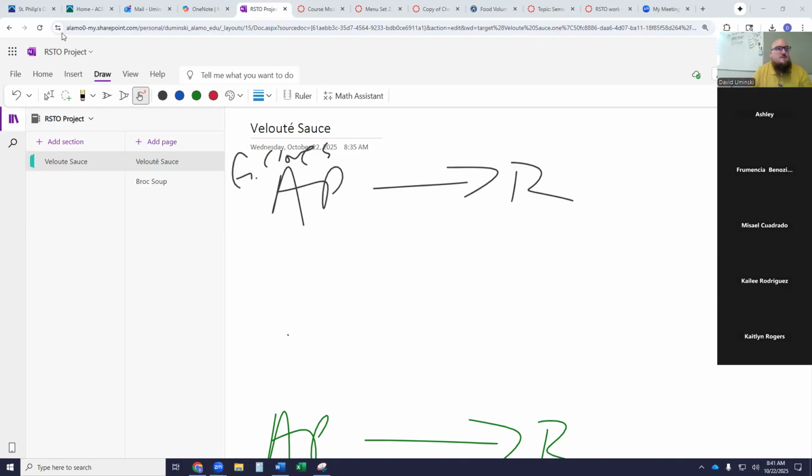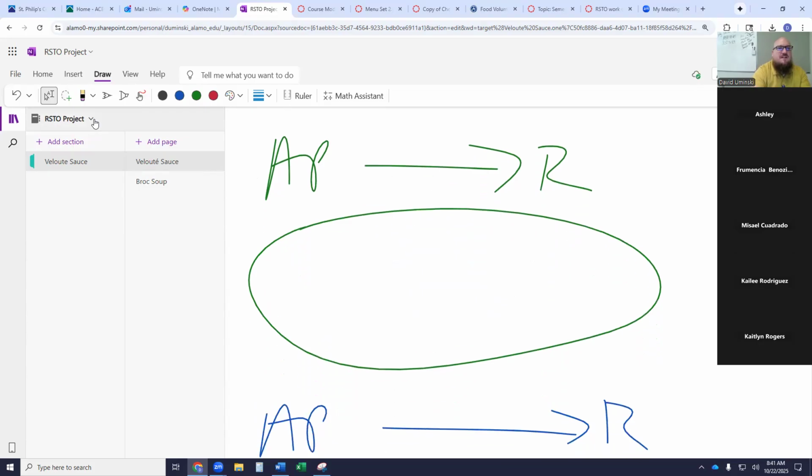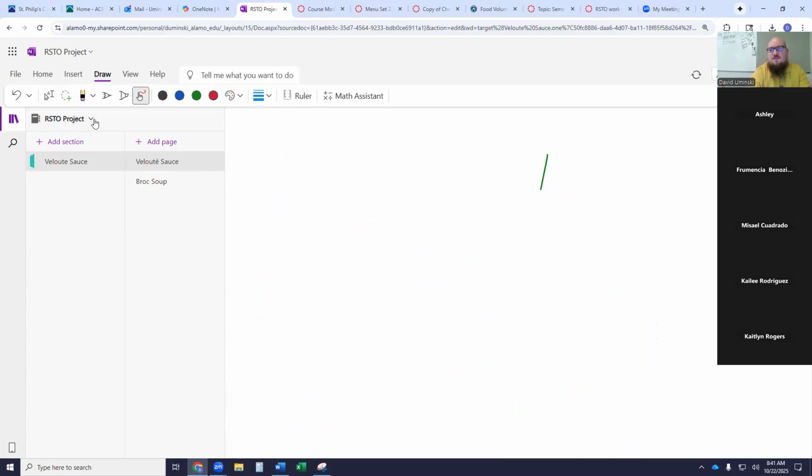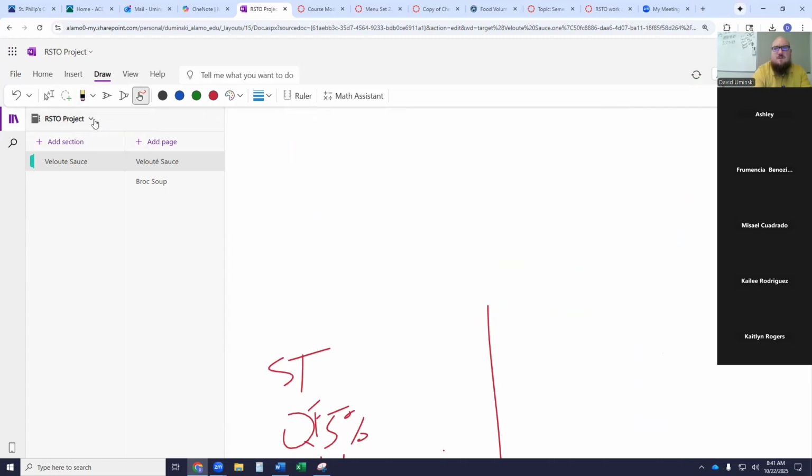So, you know what I think I'm going to do? I'm going to use OneNote, because rather than having to switch back and forth with the whiteboard in Zoom, if I use OneNote, I should be able to upload all the things we worked on as a document in Canvas.